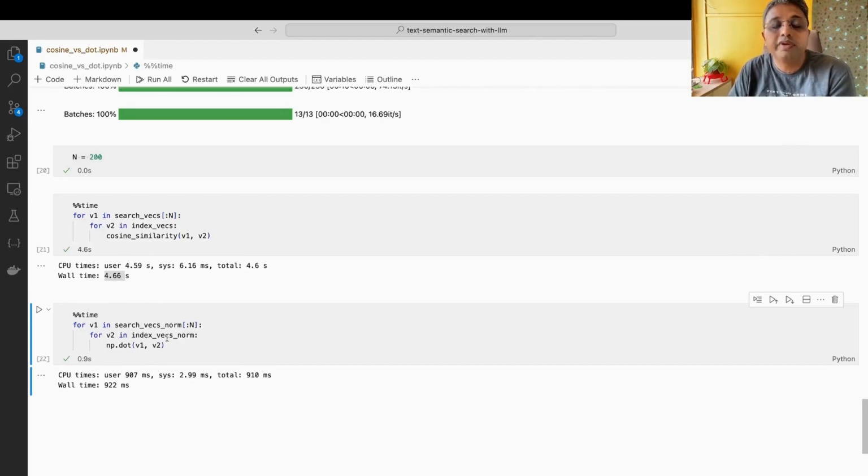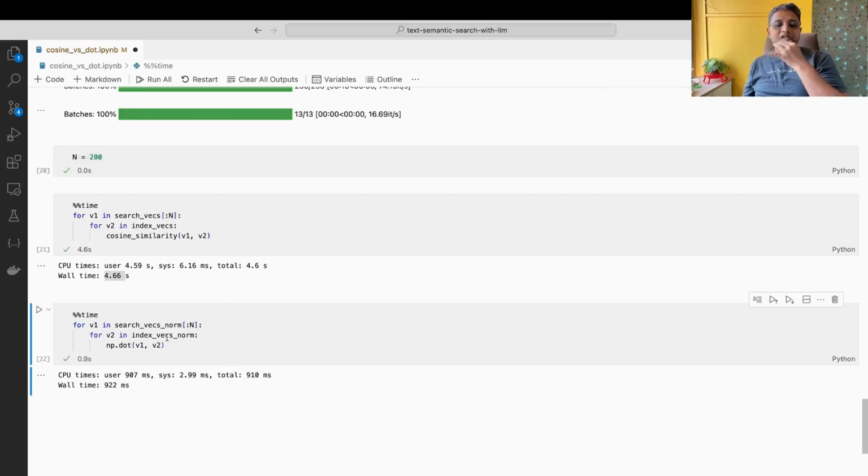So when you are working with a large data set, that is why using a dot product for similarity is a better idea. If you have used embeddings like OpenAI's, they are already normalized vectors, so you can use them out of the box for the dot product.